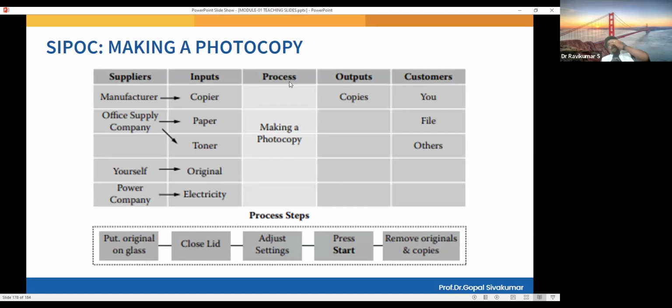SIPOC helps you to understand the process activities in a bird's eye view. It is not going to give you more specification. It is not going to give you any metrics, but you'll be able to understand the activities and steps happening in the process, so that your team gets a clear picture about the particular process.